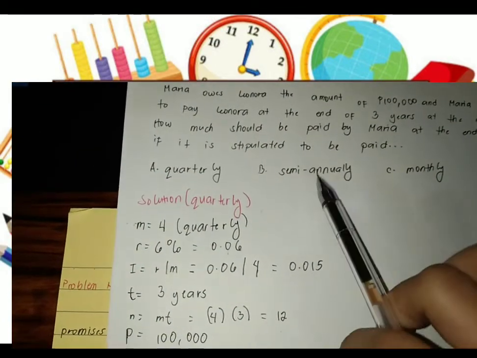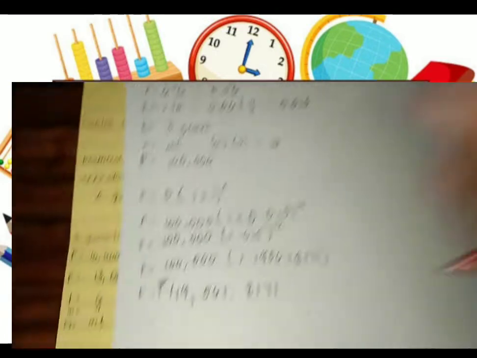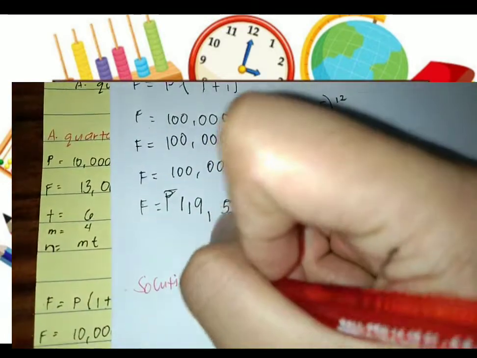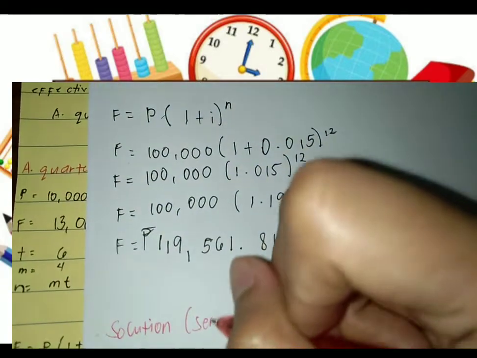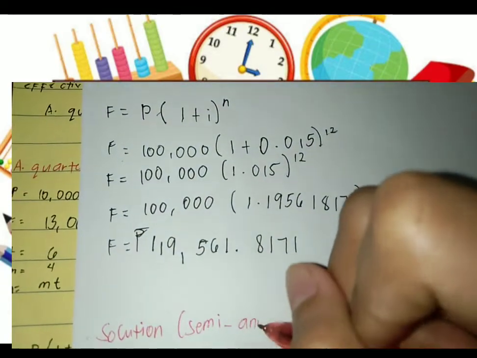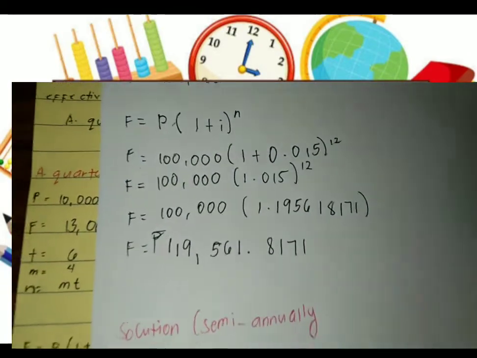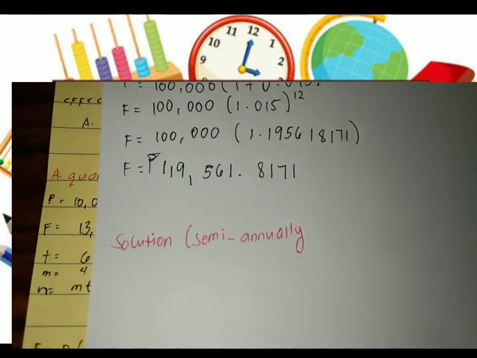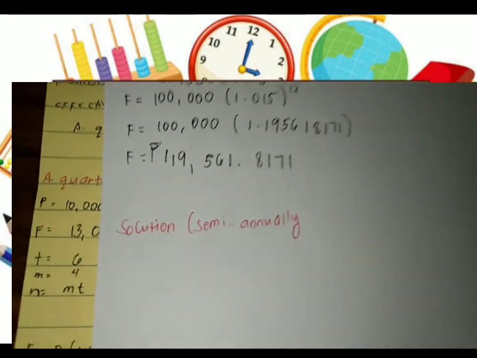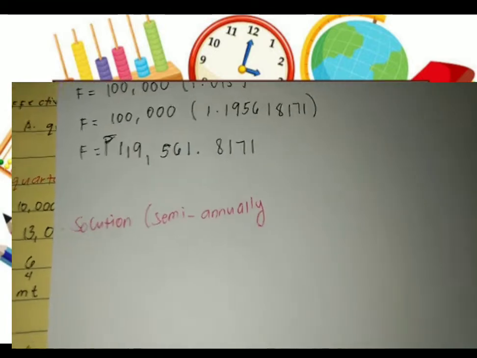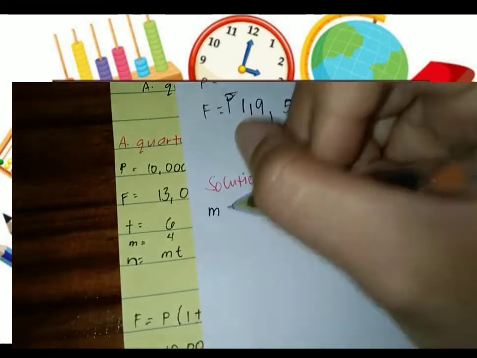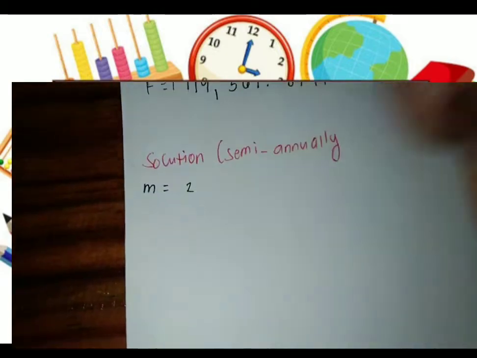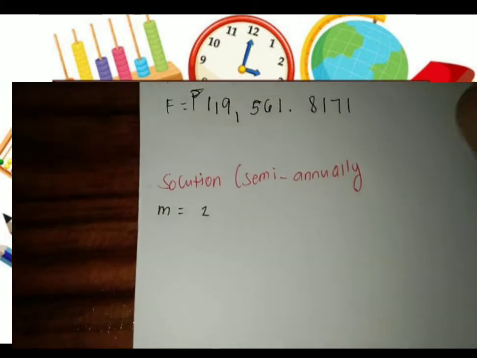So we will move on to our semi-annually. Solution for semi-annually. We will write first the given. M is equal to 2, because it is semi-annually.